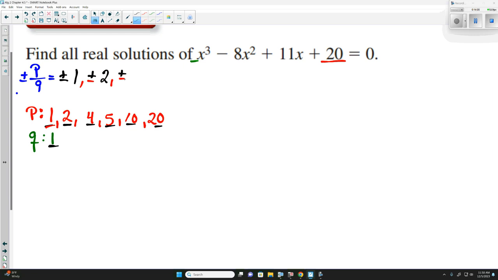Plus or minus 4 divided by 1 is 4. 5 divided by 1 is 5, 10 divided by 1 is 10, and 20 divided by 1 is 20. And for any of these with our rational zeros, we will have plus or minus pretty much all the factors of P, because when we divide by 1, we just get the number back.